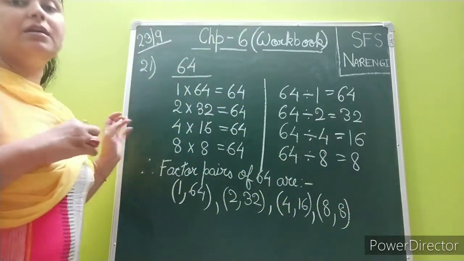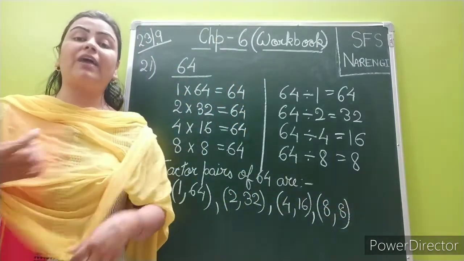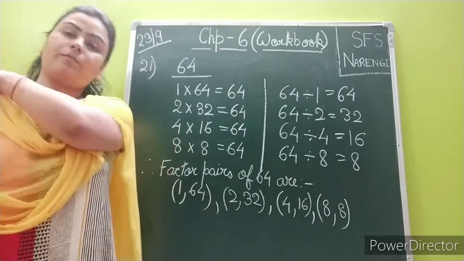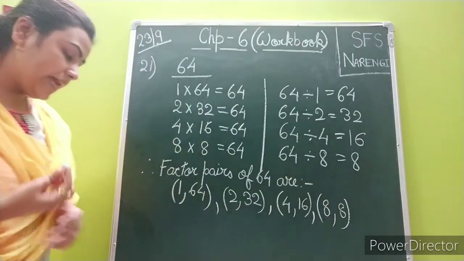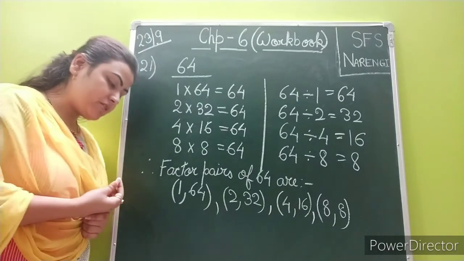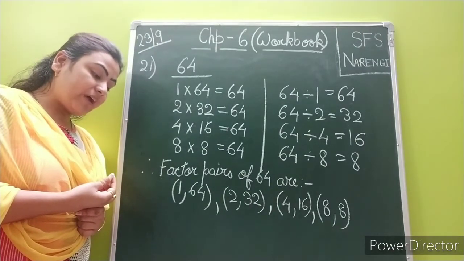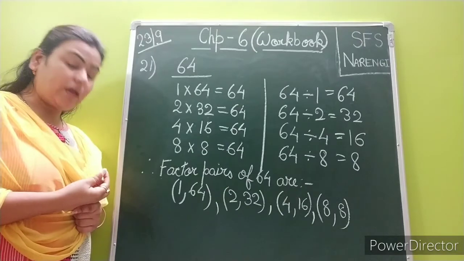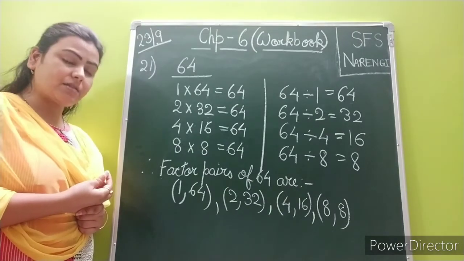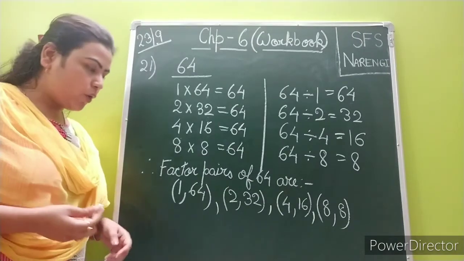So these, children, are the factor pairs of 64. I hope this is very clear. Next, write the factors and multiples of the given numbers and find their HCF and LCM. So I am going to do number A, and number B you will be doing as your homework. Okay.